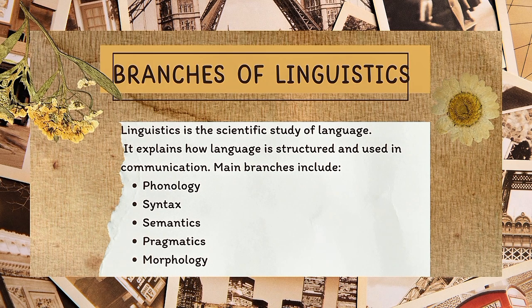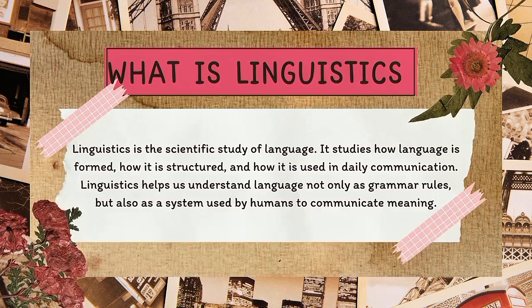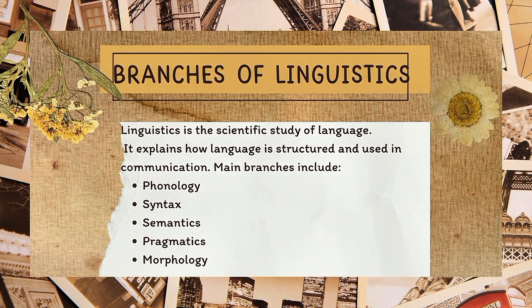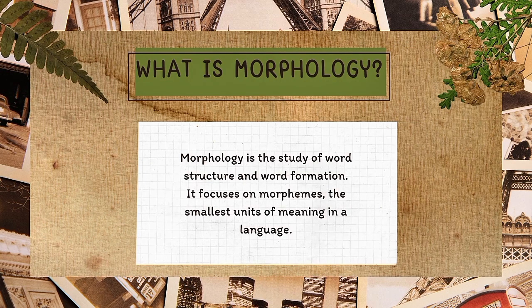Fourth, semantics, which studies meaning in language. Fifth, pragmatics, which studies meaning in context or how meaning changes depending on the situation. And finally, morphology, which studies word structure and word formation. In this video, I will focus on morphology because it helps learners understand vocabulary more deeply.